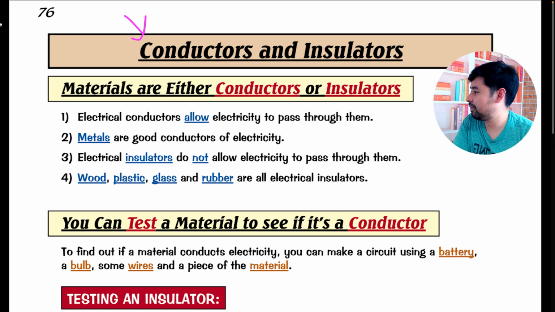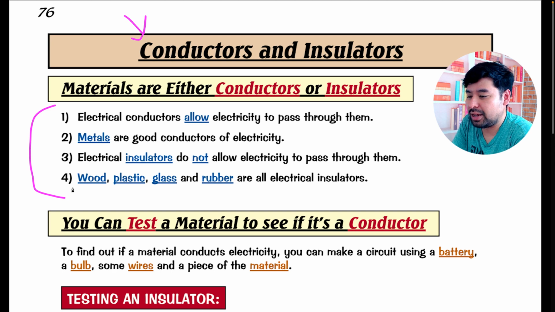So, number one, we have this info here. I'm gonna read one by one. If I feel it's necessary, I'm going to give you the translation of some of the words, okay? So follow me. Electrical conductors allow, means give permission, electricity to pass through them. Again, electrical conductors, they allow electricity to pass through them.